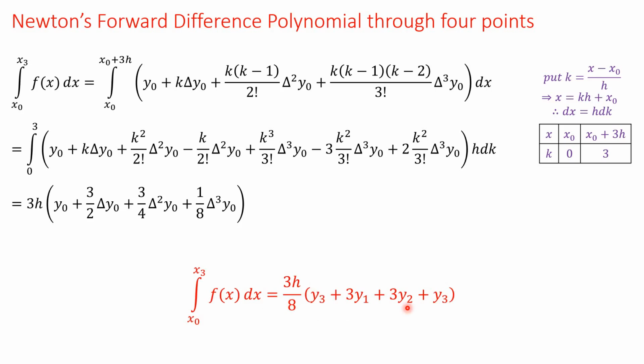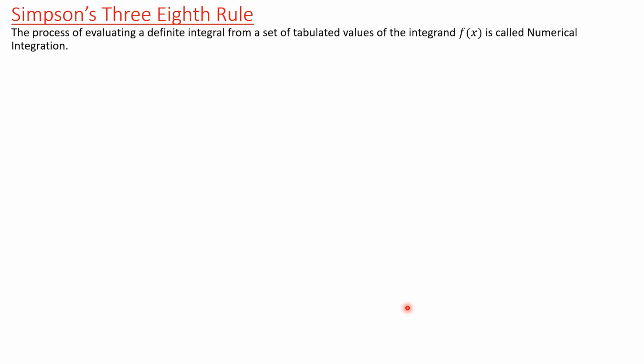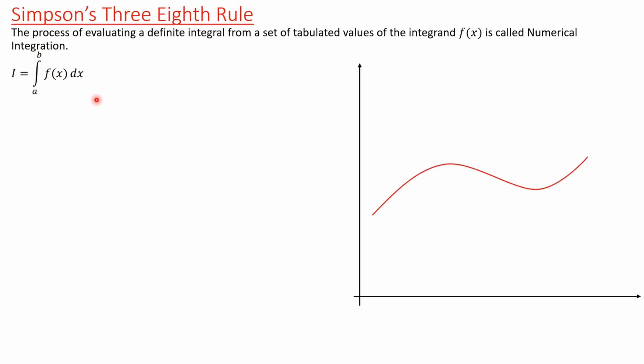Now using this, we will evaluate our original integral I, which is equal to the integral from a to b of f of x dx. Now look here. This is the graph of our function y is equal to f of x. We have to integrate it from x is equal to a to x is equal to b. That means we have to find the area below this curve and above the x-axis between the lines x is equal to a and x is equal to b.